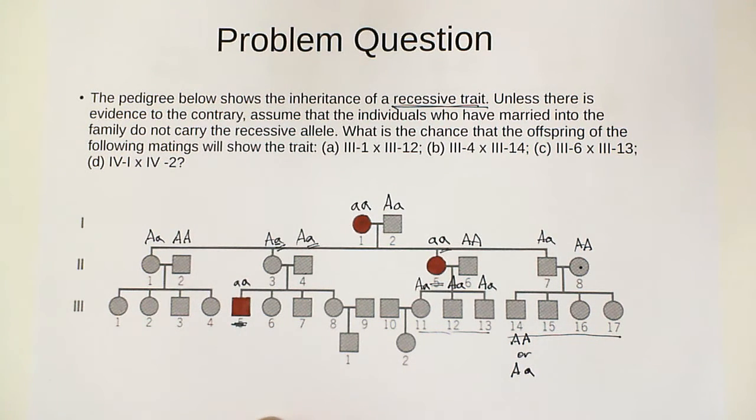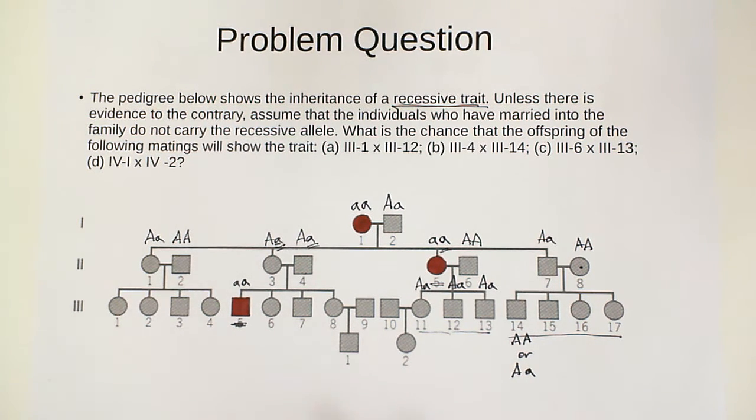Okay? So, now that we've done this, you can do the same assignments for all of the other individuals in this particular case, and so you can figure out their possible genotypes. So basically, all of these individuals here, and here, and here, would be either big A, big A, or big A, little a.